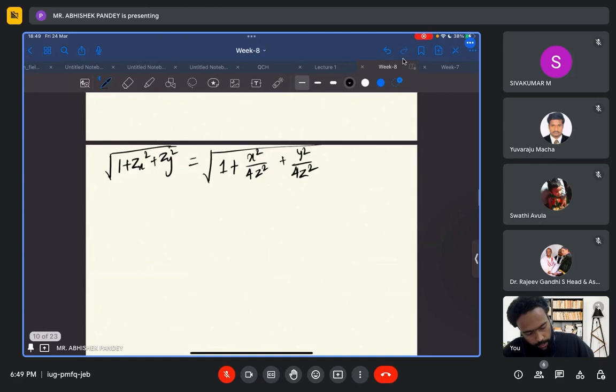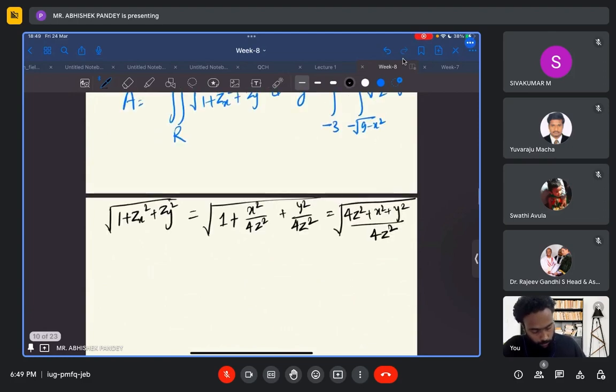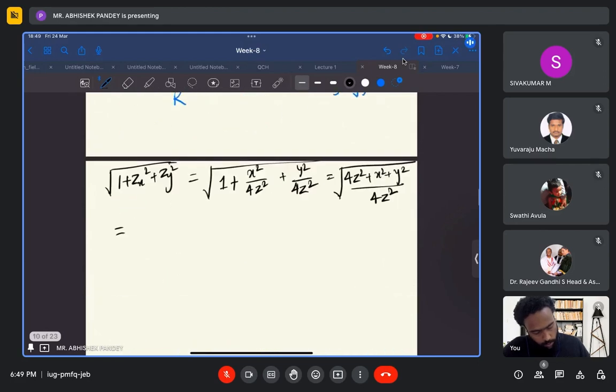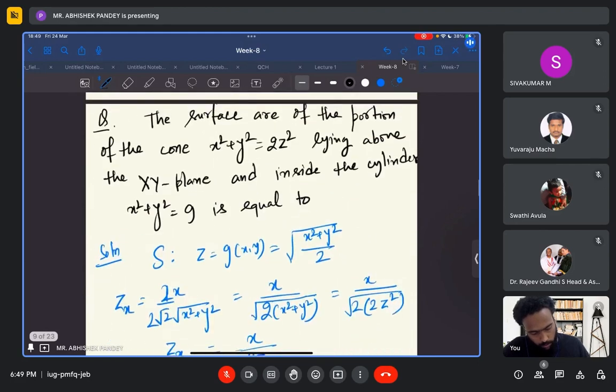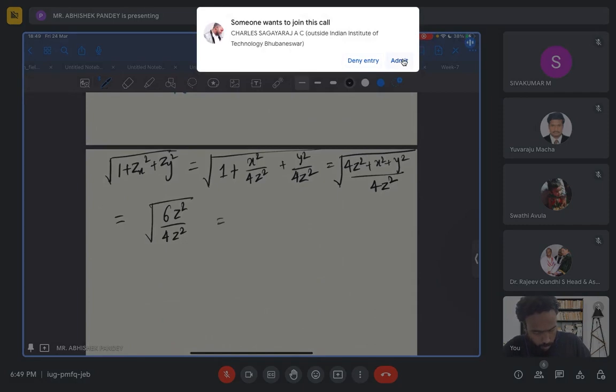And this is now 4z square plus x square plus y square by 4z square. Now this x square plus y square is nothing but 2z square. So this is 6z square by 4z square, under root. So this is nothing but root over 3 by 2.